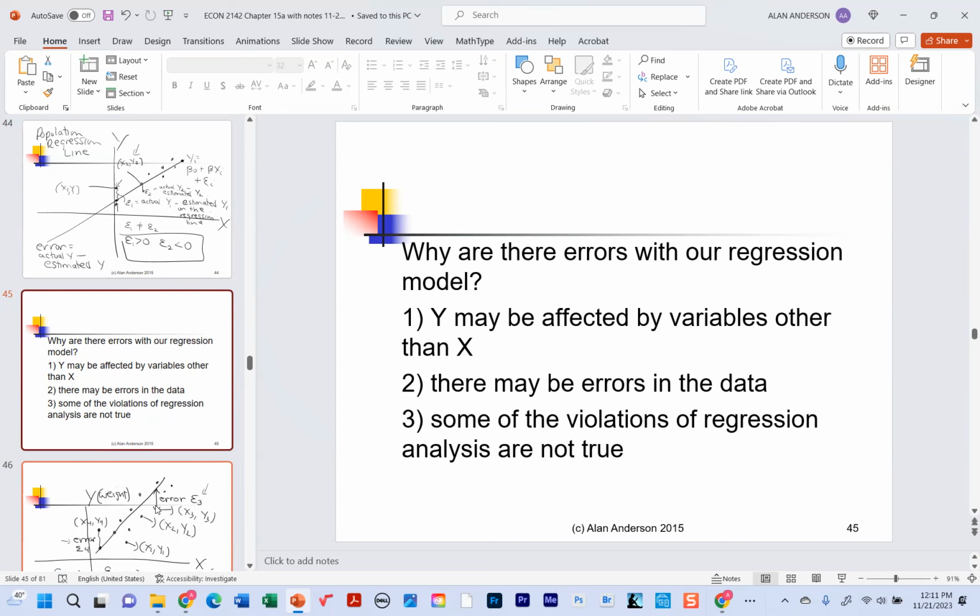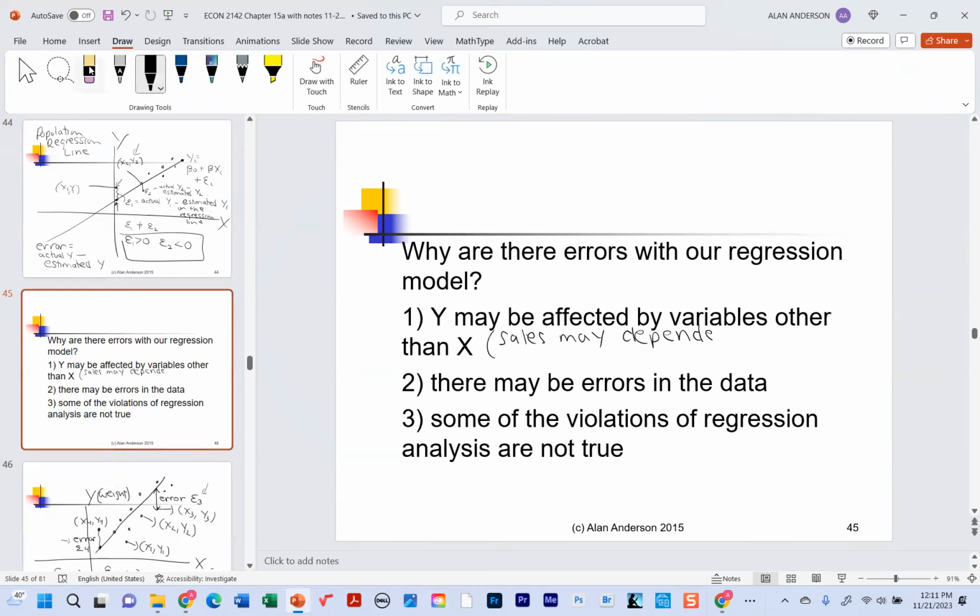So let's say with the advertising and sales, sales may depend on variables other than advertising. And that's why those points are not perfectly on the line, because we're missing something.